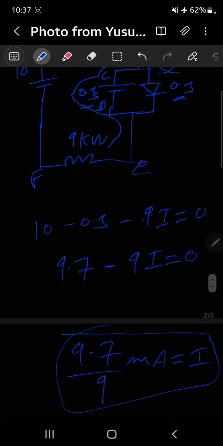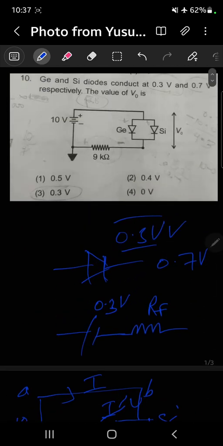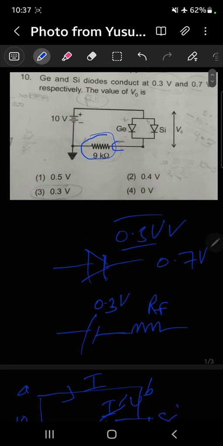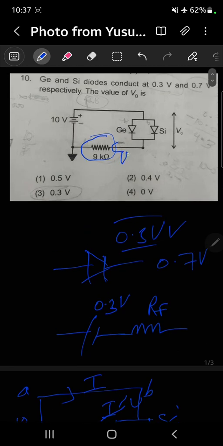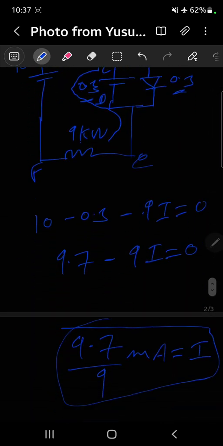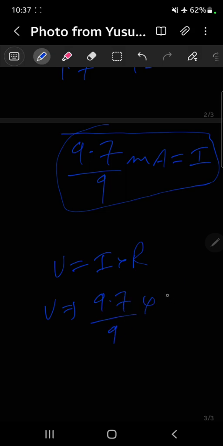Okay, we found the value of current. Now I'm going to find the voltage across this resistance, and the voltage across this resistance is V equals I into R. We have the value of I, that is 9.7 upon 9, multiplied by 9.